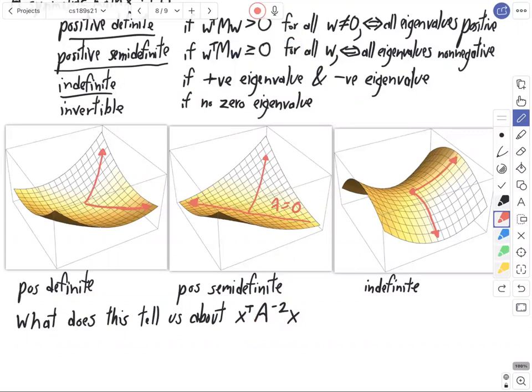Now, if M is positive definite, then when we look at the contour plot of M's quadratic, oh wait, I'm jumping ahead, sorry.